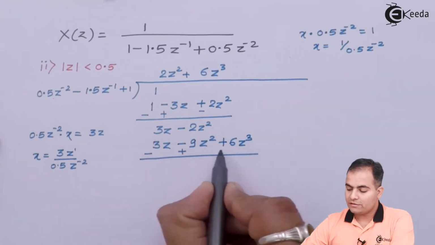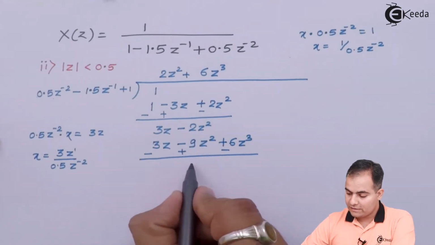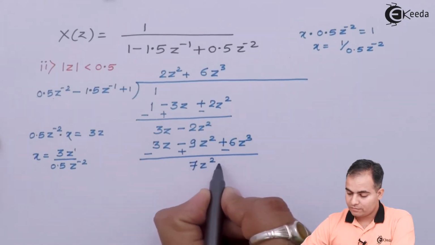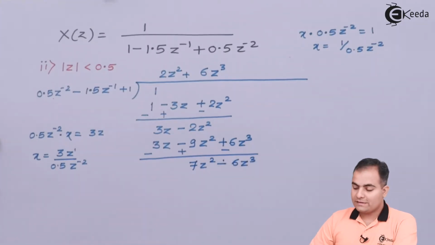Again change the sign so that 3z will get cancelled. So 9z square minus 2z square, the answer is 7z square, and at the end 6z cube.